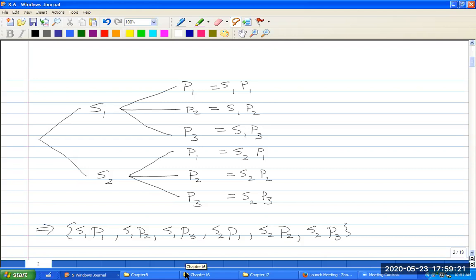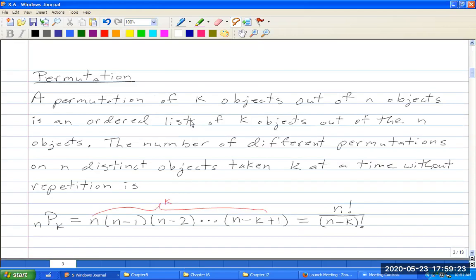Permutation. A permutation of k objects out of n objects is an ordered list of k objects out of the n objects.